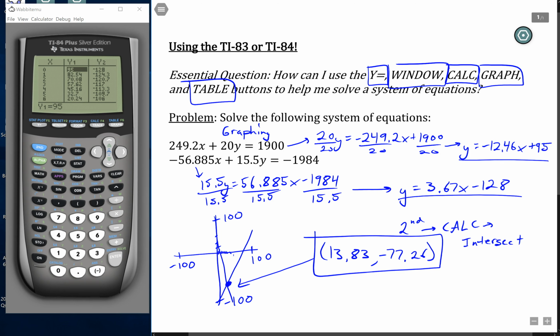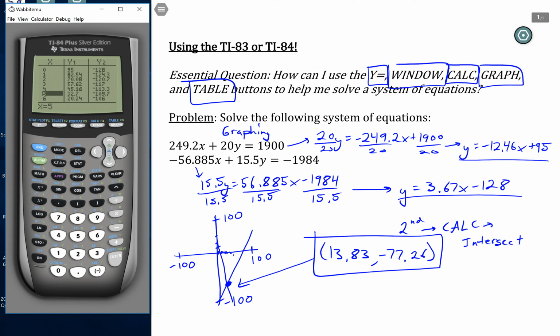Our y-intercept was 95. And in our second function, I would get the y-intercept of negative 128 when I plug in x of 0. So you can use the table to help you find some values, but of course the x only goes by whole numbers right now. Later on, maybe I'll tell you how to make this go in not whole numbers. It has to do with second table set, but that's a job for another video.